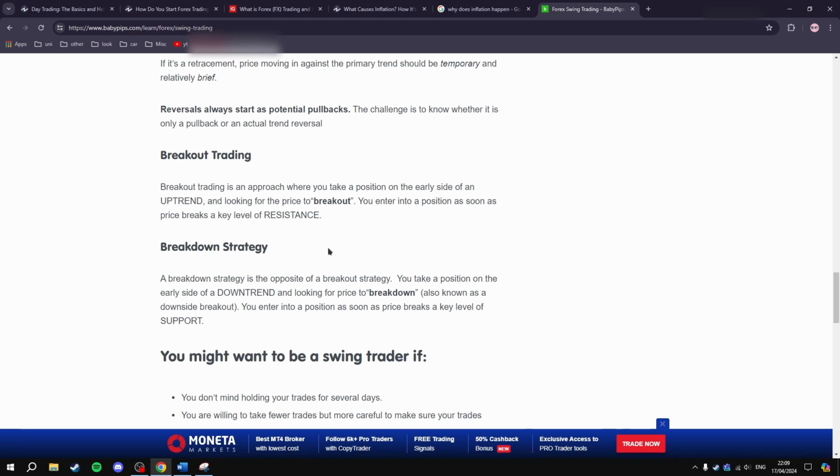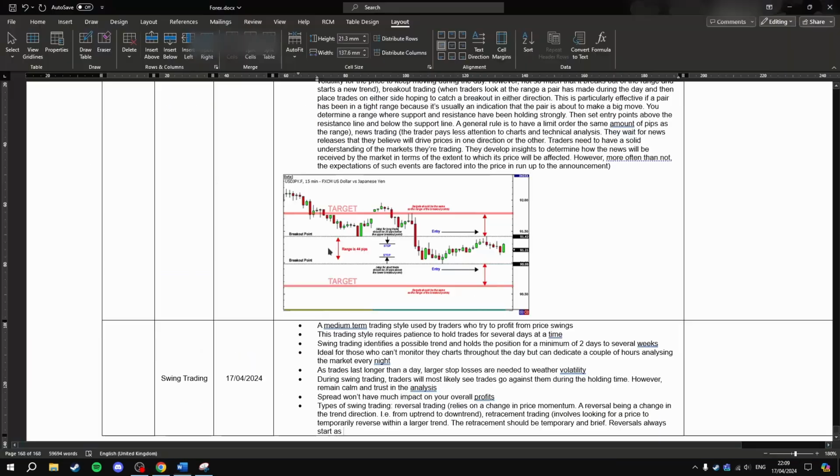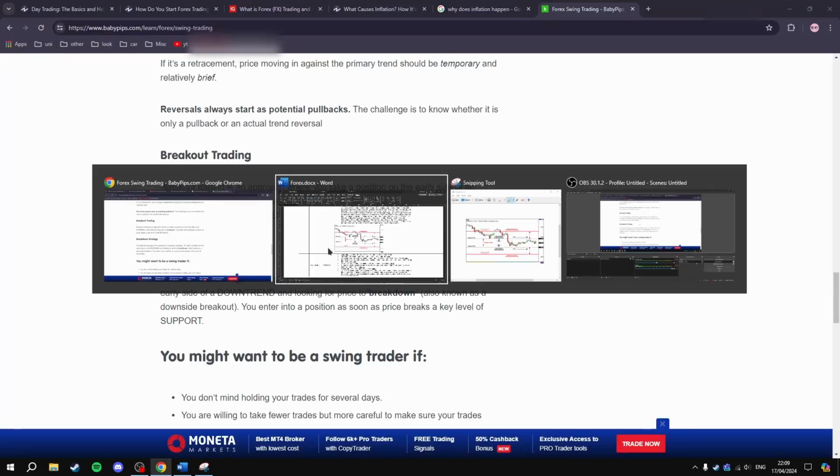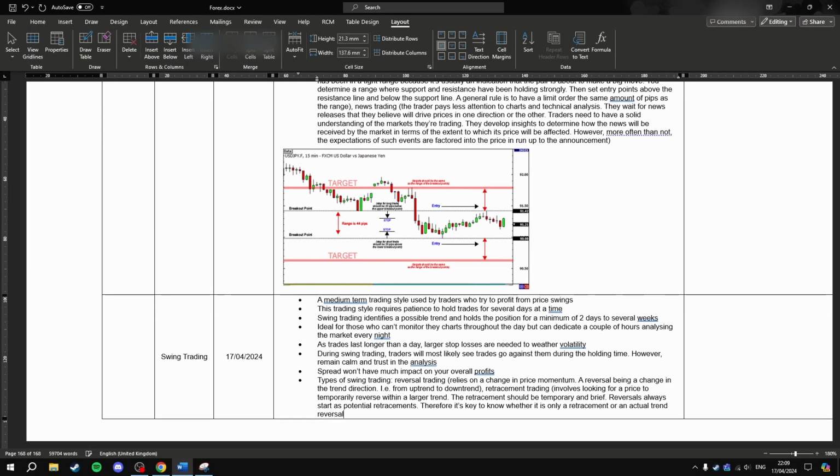The challenge is to know whether it's only a pullback or an actual trend reversal.